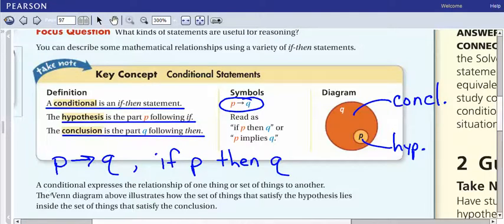A conditional expresses the relationship of one thing or set of things to another. The Venn diagram illustrates how the set of things that satisfy the hypothesis lies inside the set of things that satisfy the conclusion.